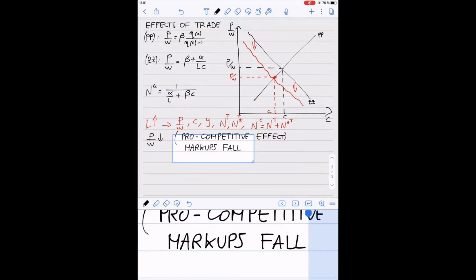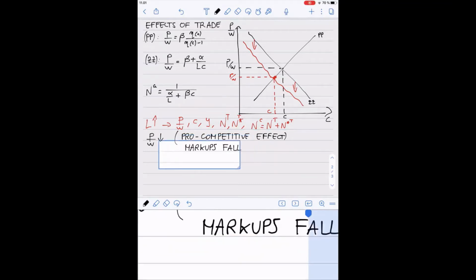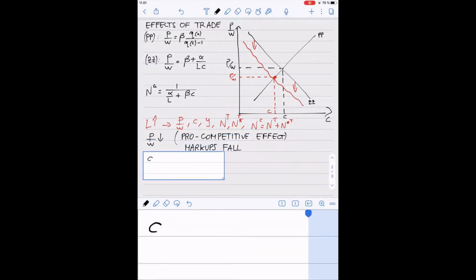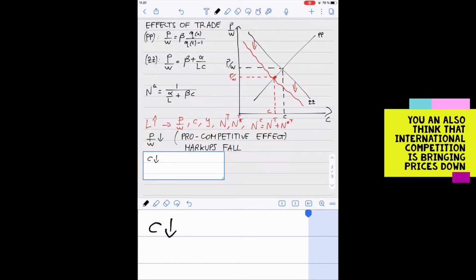Well, they're falling because the individual consumption C is declining, right? As a result, each consumer consumes less of each variety. And what does that mean? Well, that means that each good becomes relatively more elastic, the demand becomes more elastic for each product, and therefore firms charge lower markups.